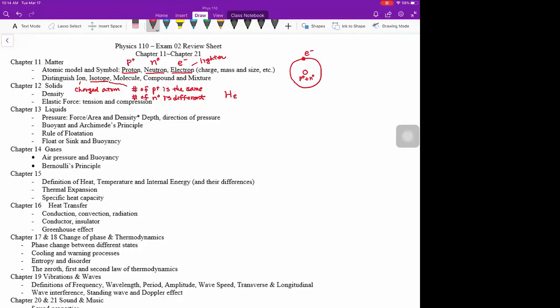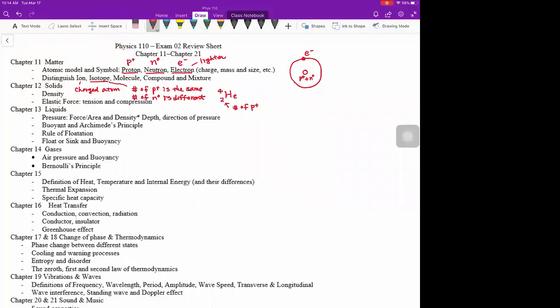You look at the number at the lower left corner.